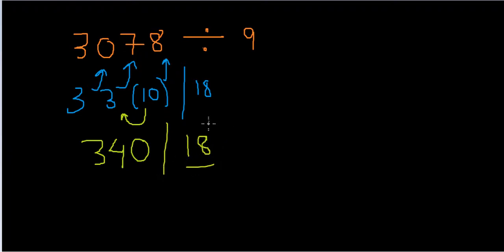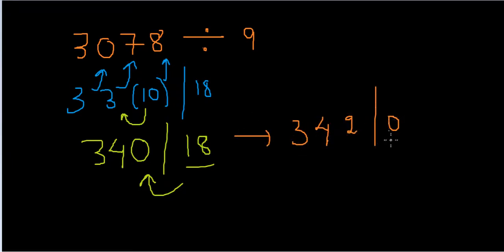And as I just said, remainder cannot be greater than divisor 9, and 18 is greater than 9, so we have to remove as many 9s as possible. From 18 we can remove 2 9s exactly, so we can add 2 to 340, so that gives us 342 and 0 remainder. So it's a perfect division.